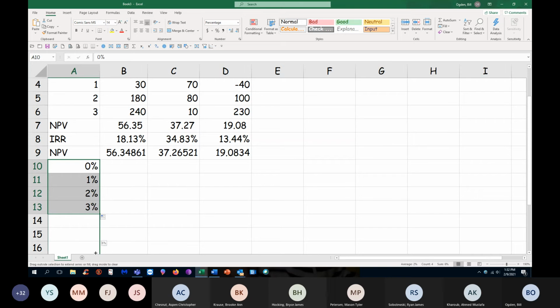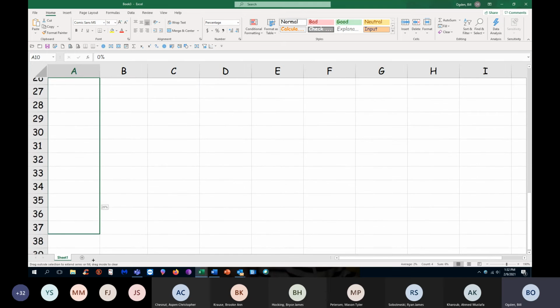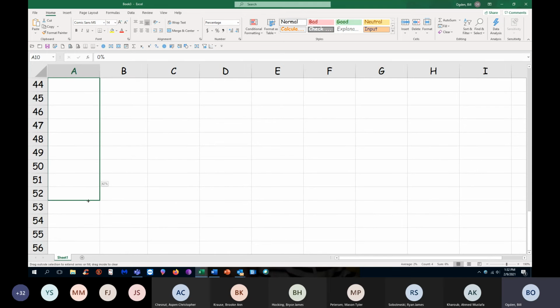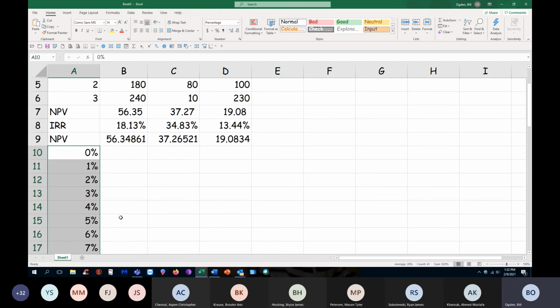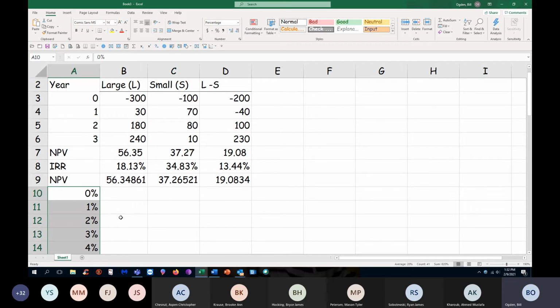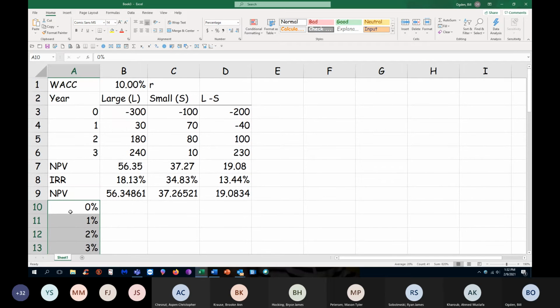So I won't be able to see mine, but I can get pretty close. Okay, so I'm going to stop at 40%. All right, now this is what I want Excel to do. I want Excel to enter 0% into my cost of capital and then recalculate these NPVs.